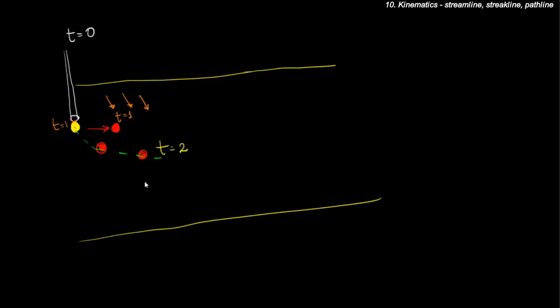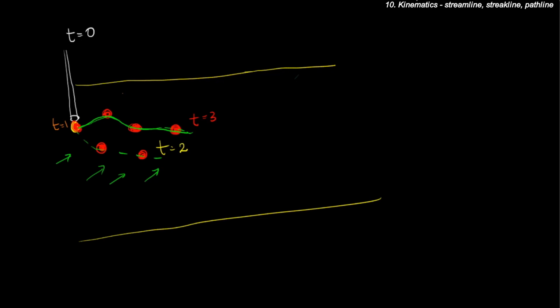Now suppose the flow changes velocity and it is something like this. Then this red particle will end up over here, and this particle would end up over here, and there would be a new particle coming in over here. So at t equal to 3, the locus of all the points that I will see would be this. It would seem as if the dye has taken this shape.